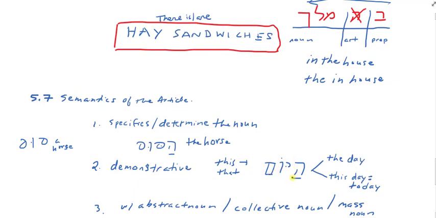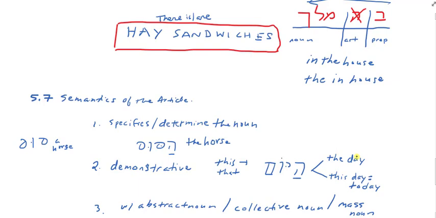Ha yom could be translated in one of two ways. If the ha is just specifying or determining the noun yom, day, then I would translate it as the day, as in, which day did your father go to war?